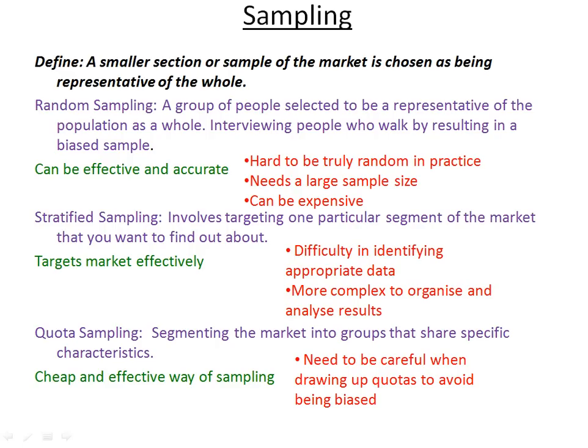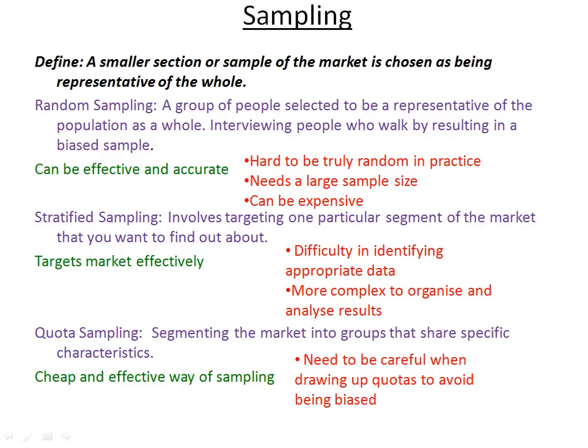So you're stratifying, or segmenting the market, in order to pick out who you want. It targets the market effectively, because you've got the sample size for who you actually want, but there's difficulty in identifying appropriate data, and it's more complex to organise and analyse the results.